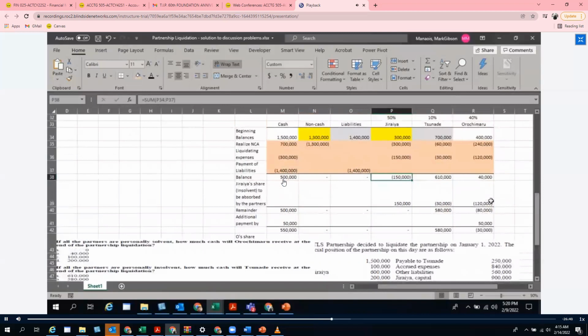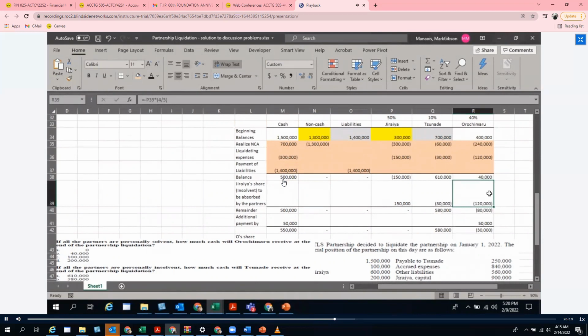How are we going to split the 150,000? Of course, using their profit and loss sharing ratio. So that's 150,000 multiplied by 10 over 50 or 20%. And then kay Orochimaru naman, 40 over 50 or 4 over 5. Huwag kang magpapalito dyan, pare-parehas lang naman yan.